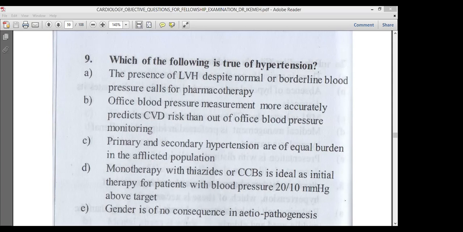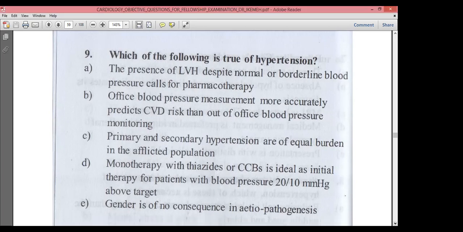And from what we discussed, when the person is at stage 2 hypertension and you're going to start treatment, they are advising that you go for two drugs, and preferably the fixed dose combination medication to treat a person at stage 2 hypertension.